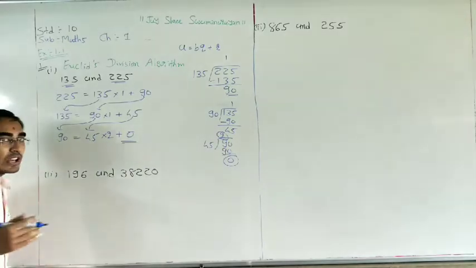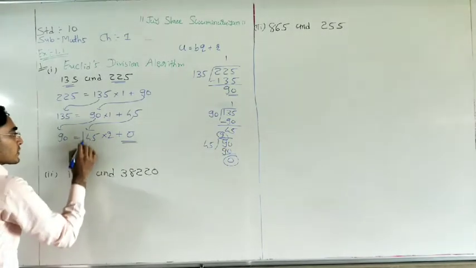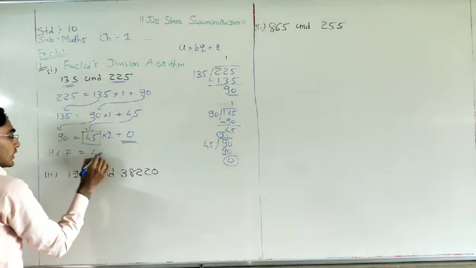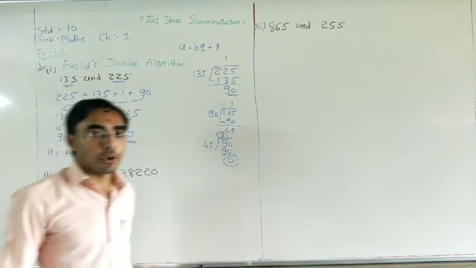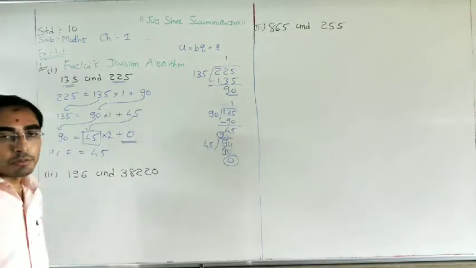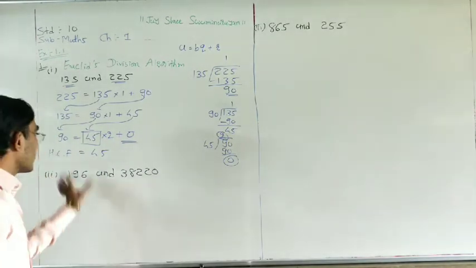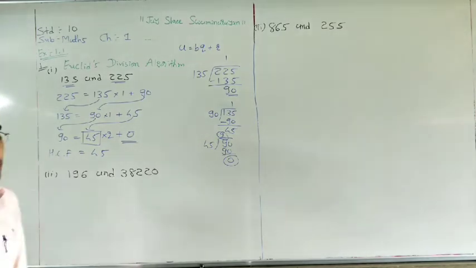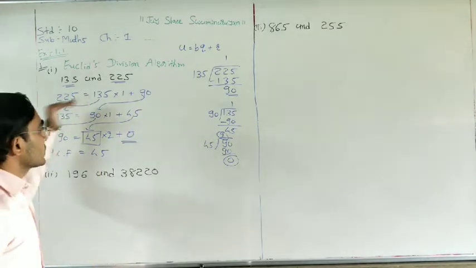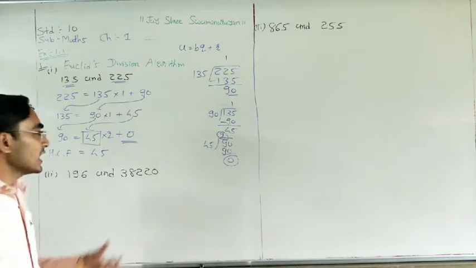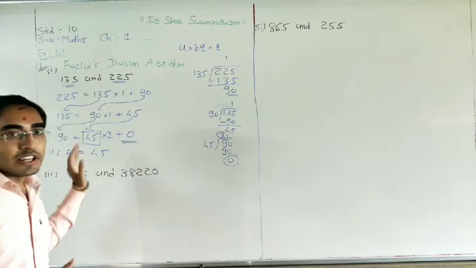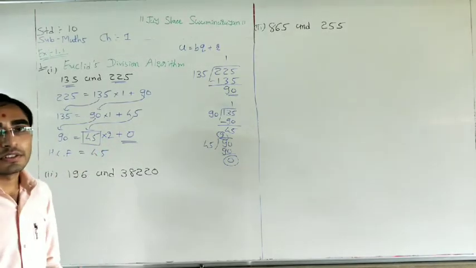Then what is the answer of HCF? This first number is your HCF. HCF is equal to 45. This is your answer. Your first number becomes the answer of the HCF. This is one type of factorization only. We just need to factorize, and at last, whenever we get remainder 0, it means that it is the common factor.